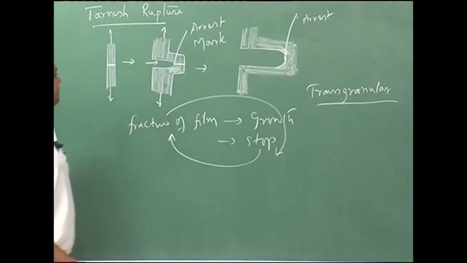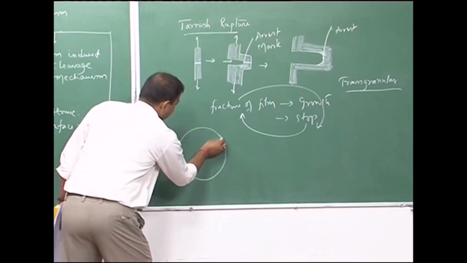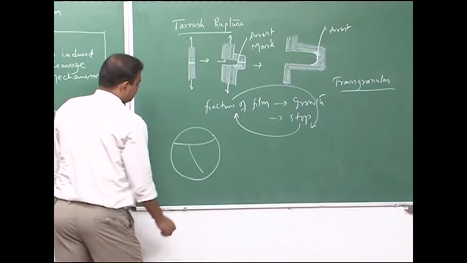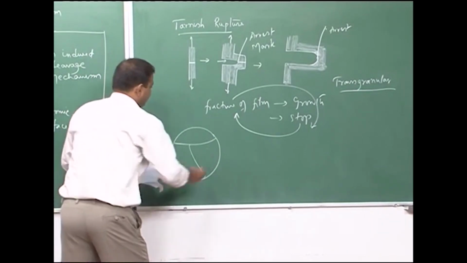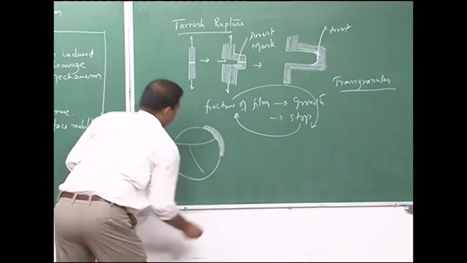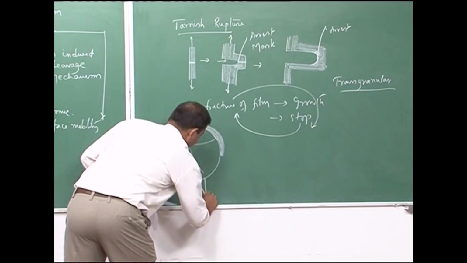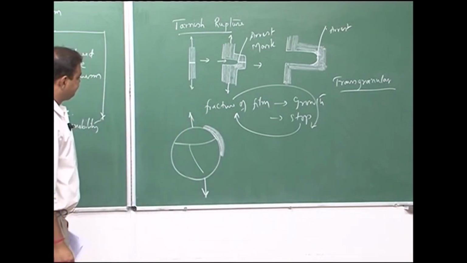In order to explain the intergranularity through this mechanism, what happens if you have these grain boundaries. Now, here you have a passive film, and this is under tension.